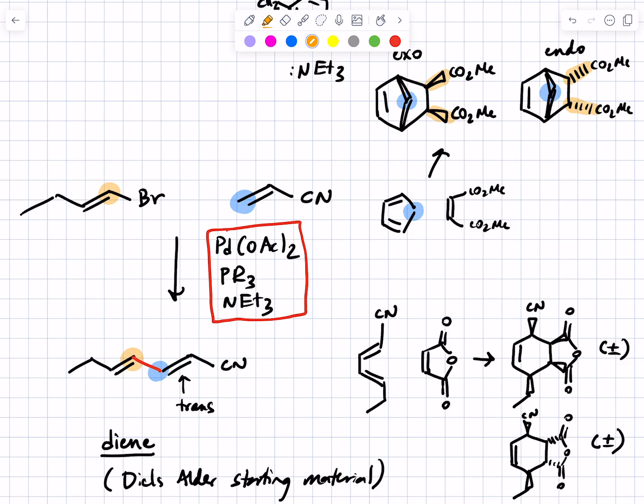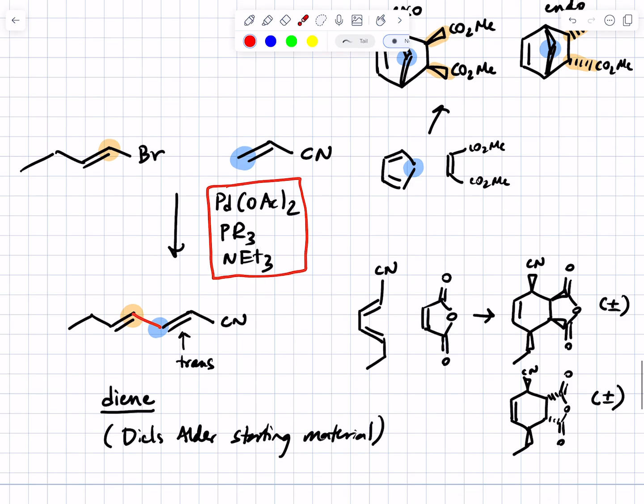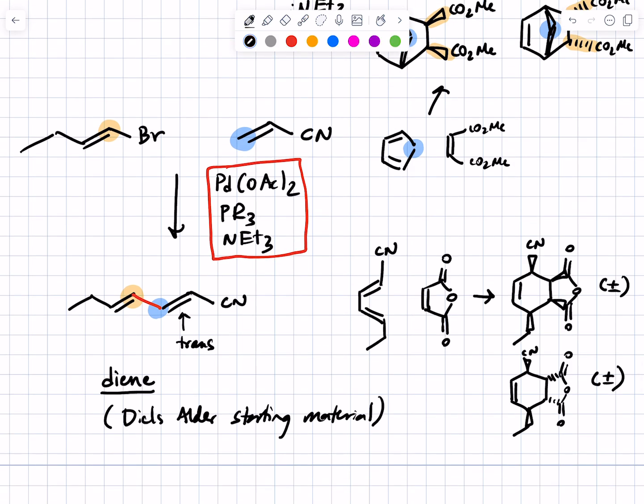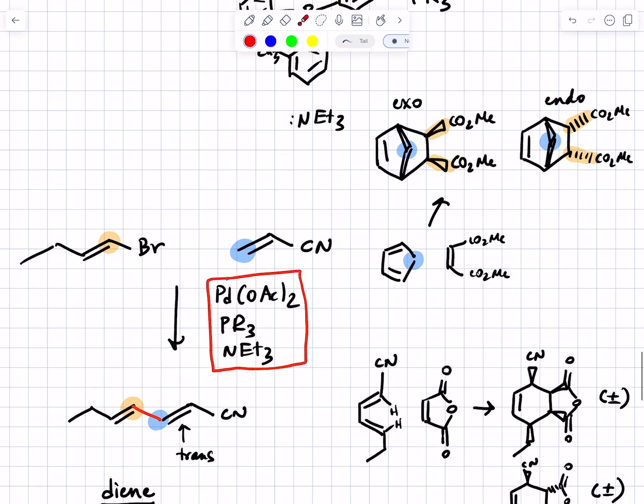You could potentially assign endo versus exo here if you envision that these protons in the diene are in the same position as that bridge, but people don't do that so much. But yeah, if you're using cyclopentadiene, then exo means the substituents on the dienophile are on the same side as the bridge, and endo means opposite.